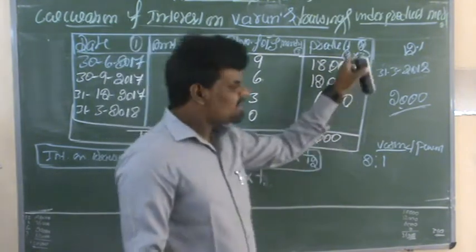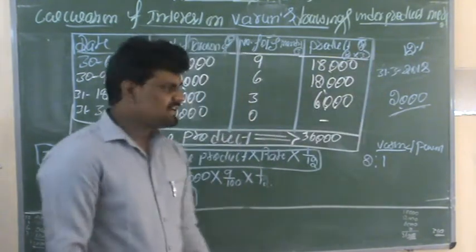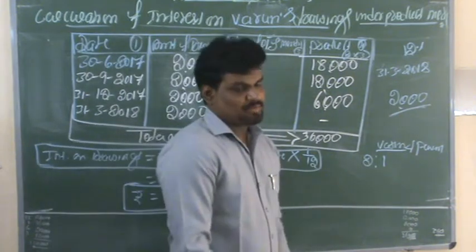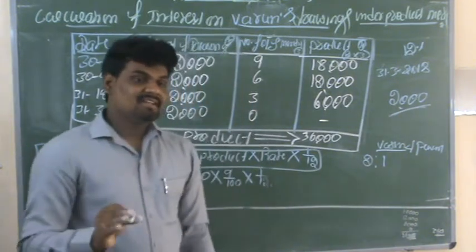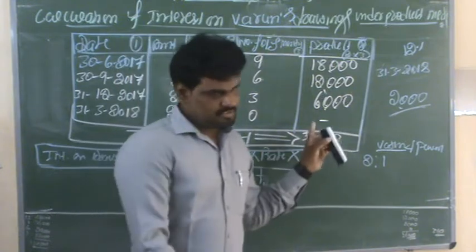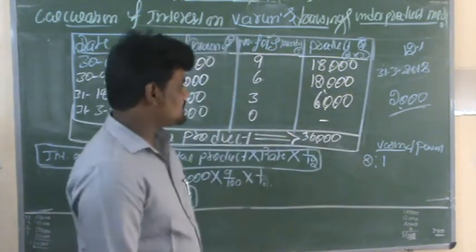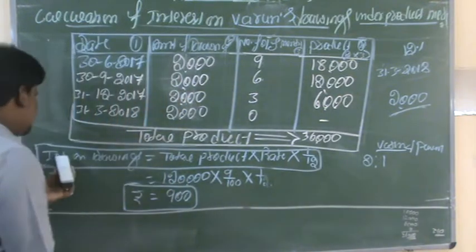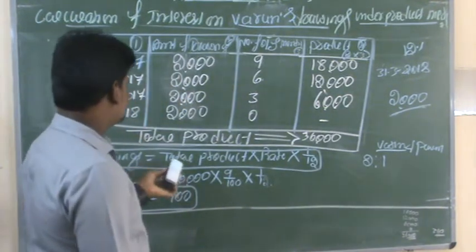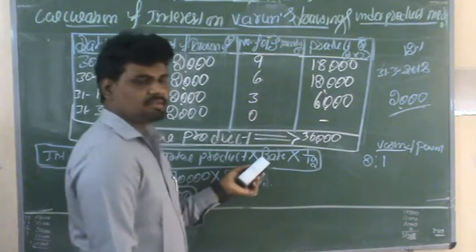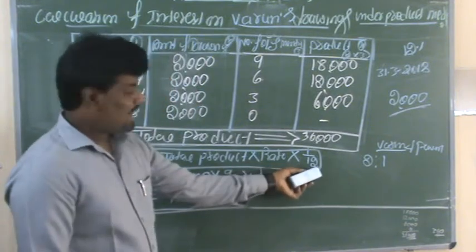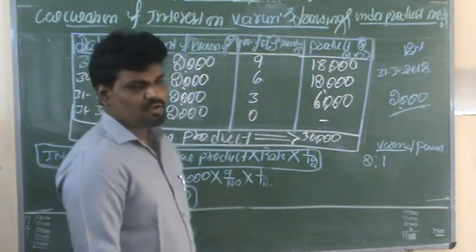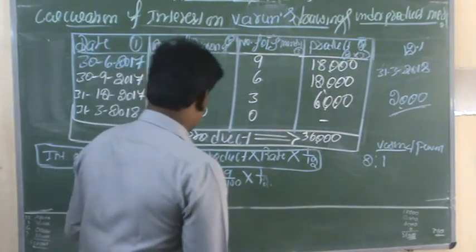This is the total product. We have ascertained only the product. But as per the given information, we need to ascertain interest on such drawings. For the calculation of interest on drawings, there is a formula. Total interest on drawings equals total product into rate into 1 by 12. This is the formula for the calculation of interest on drawings.